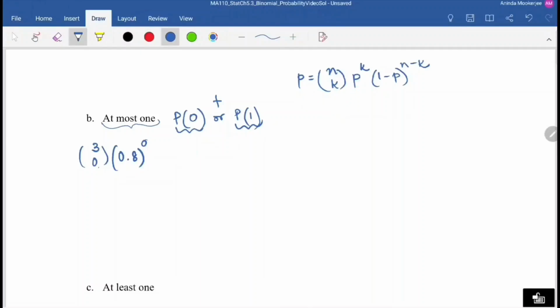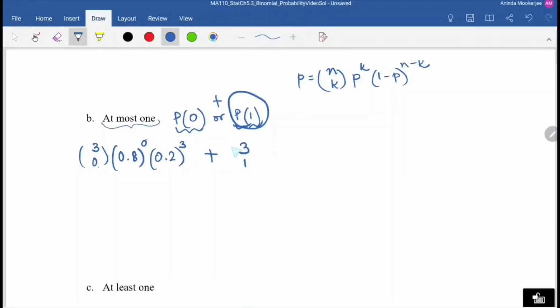P was 0.8 raised to the power 0, which was k, and then 0.2 raised to the power n minus k, which is 3 minus 0 is 3, correct? And then to it we will add the probability of 1, finding one person alive.